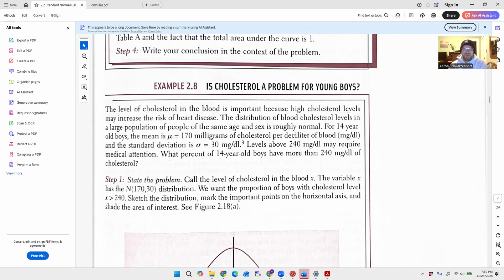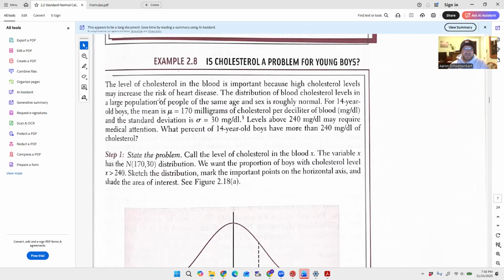So, this example, is cholesterol a problem for young boys? The level of cholesterol in blood is important because high cholesterol levels may increase the risk of heart disease. The distribution of blood cholesterol levels in large populations of people of the same age and sex is roughly normal.